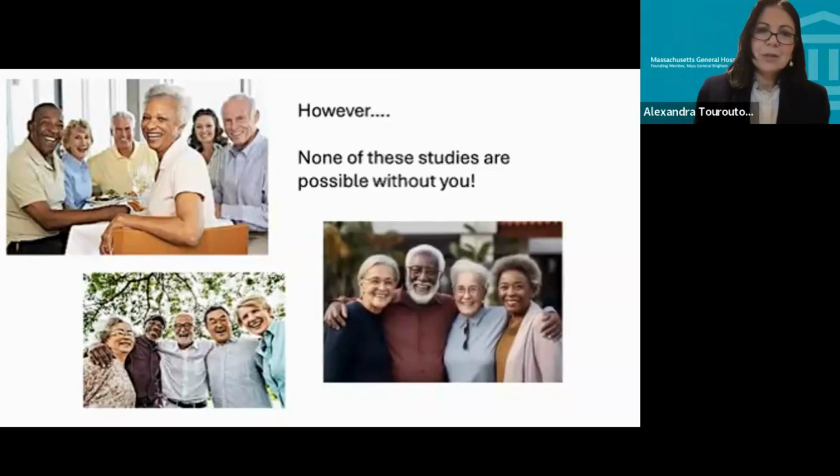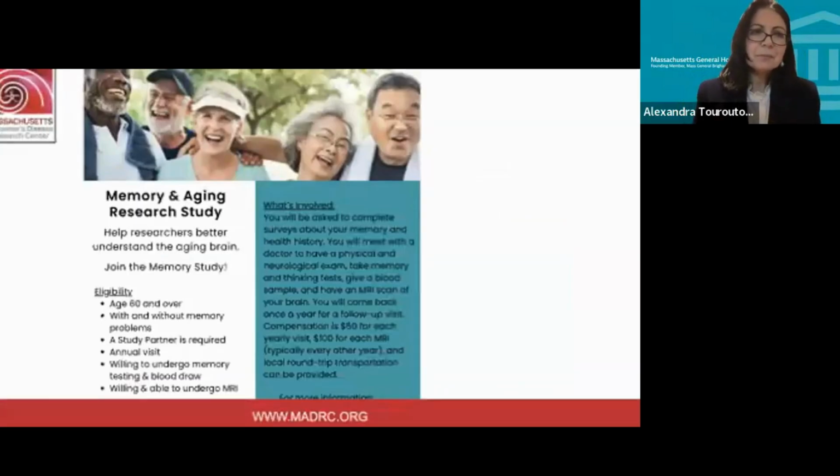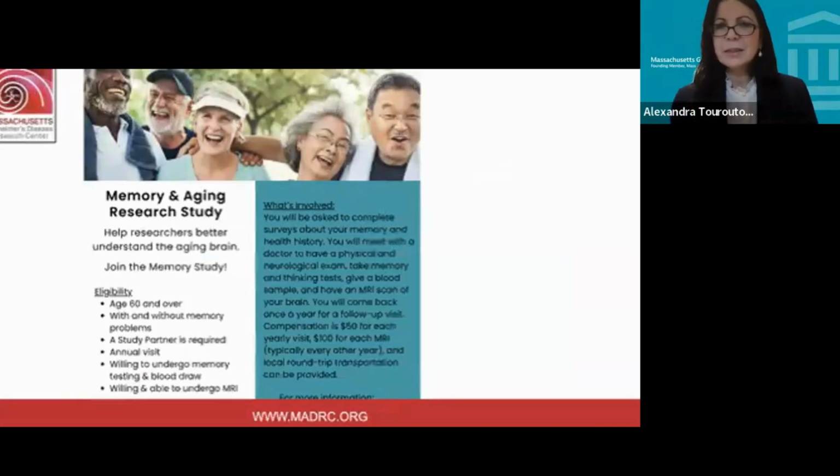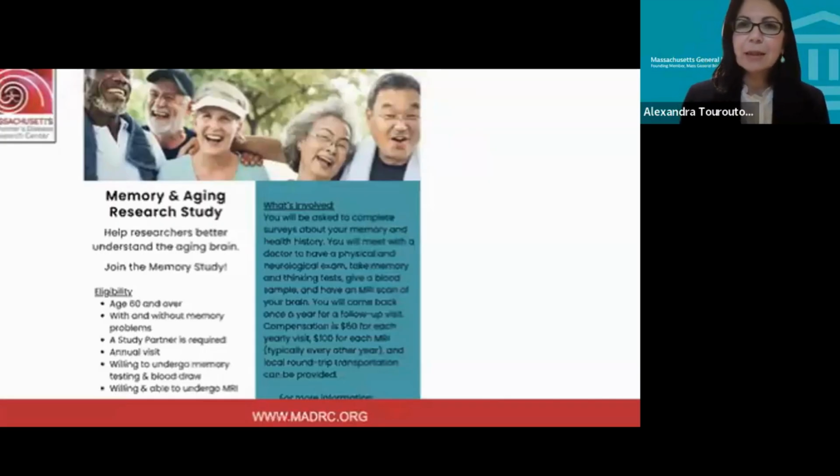And I know that there's the MADRC, the Massachusetts Alzheimer's Disease Research Center, where we have multiple studies. Here I've just listed the memory and aging research study that recruits participants 60 years old and over with or without memory symptoms.